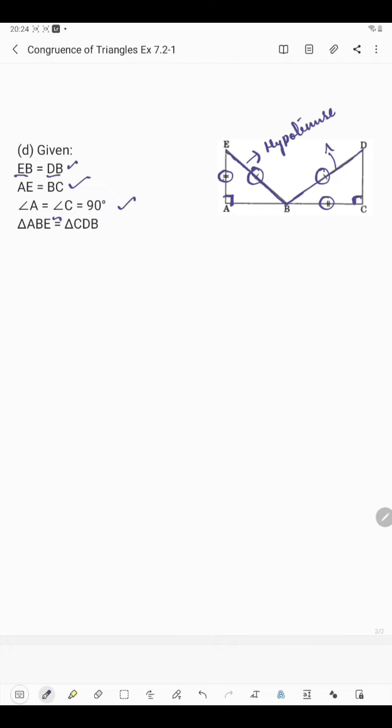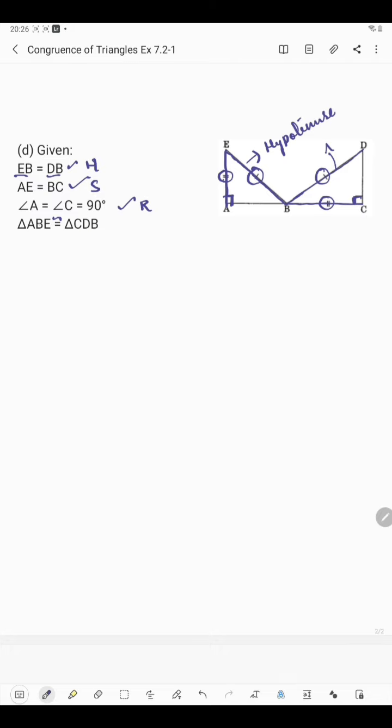And AE, this side, and BC are equal. So EB is equal to DB, this is the hypotenuse. AE is equal to BC, this is one of the sides, and angle A and angle C are 90 degrees. From the figure also we can see 90 degrees is given, so this can be denoted by R later.